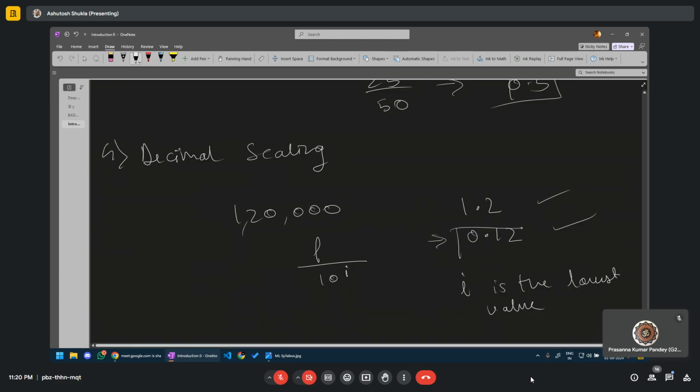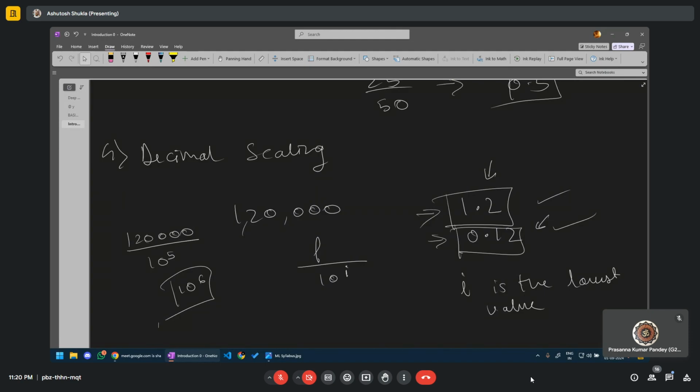This is by definition, but you are definitely allowed to do this. So this is decimal scaling. For example, 120,000 would be 10 to the power 5 to get 1.2, and 10 to the power 6 to get 0.12. So yeah, that's decimal scaling.